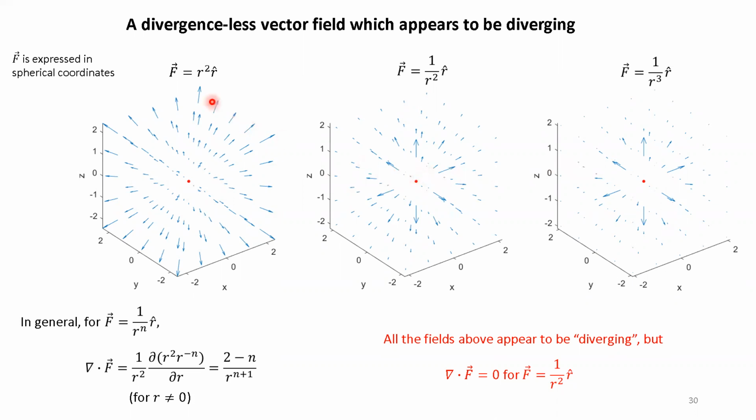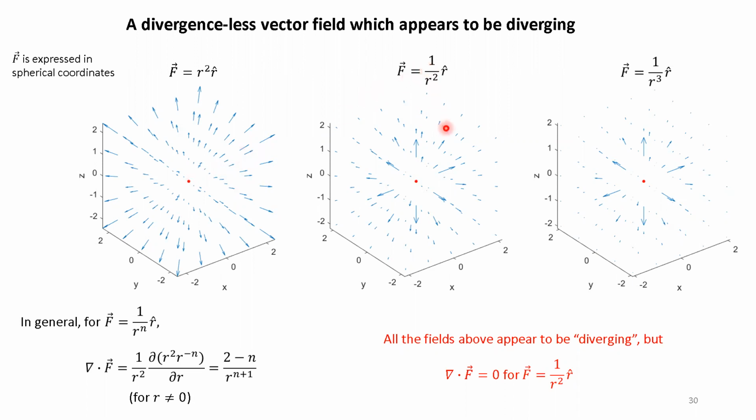In this case I have f equals r squared r hat, in this case f equals 1 over r squared r hat, and in this case f equals 1 divided by r cubed r hat. In all three cases the vectors are pointing away from the origin. The difference is that in this case, because of the r squared, when you get further and further away from the origin, the vector is getting longer and longer.